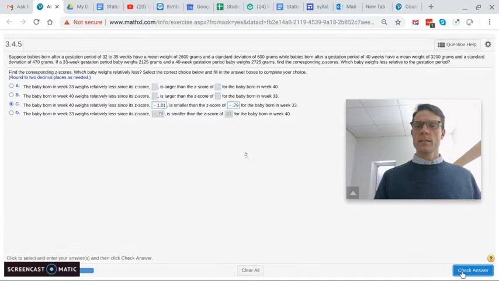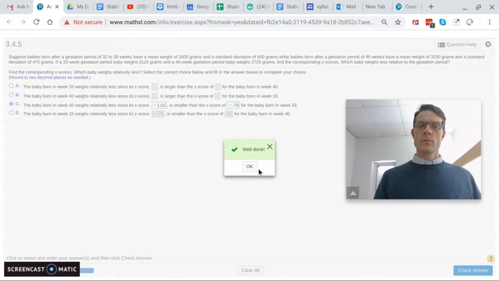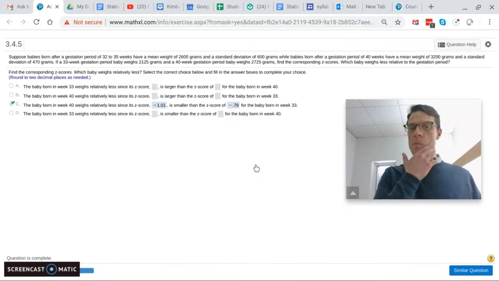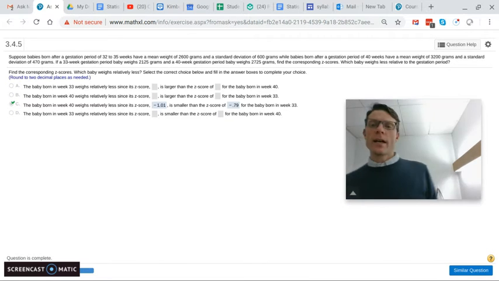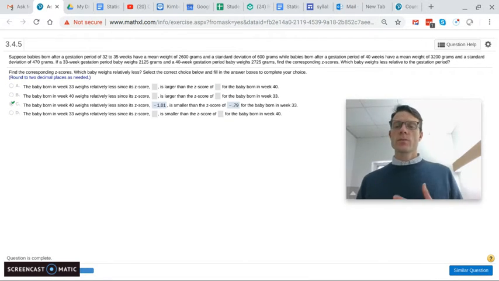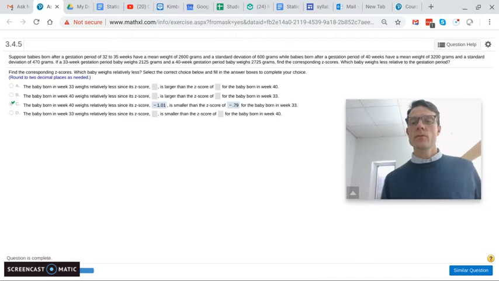So we're just going to check the answer. Okay. So I hope that helps clarify how you can use z-scores to compare things that aren't necessarily alike, as long as you know the mean and standard deviation of those two things.